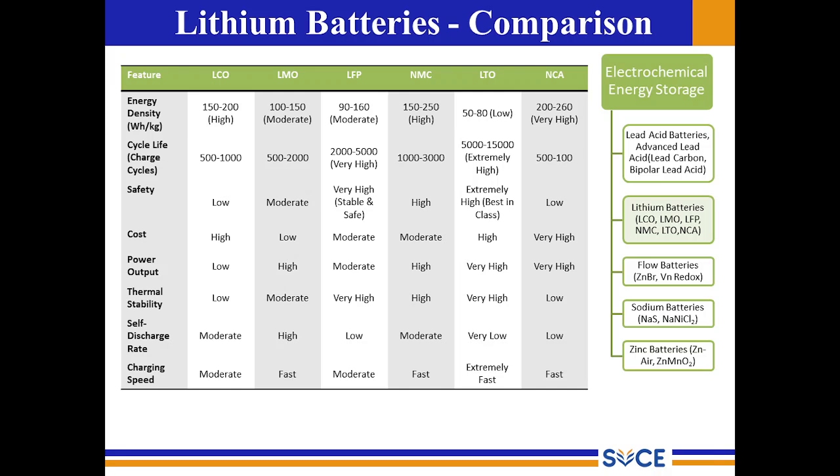The other batteries vary between 100 and 200. Cycle life is the highest for the LTO battery, which has the lowest energy density, with 5,000 to 15,000 charge cycles. However, the NCA battery, which had the highest energy density, exhibits the lowest cycle life.